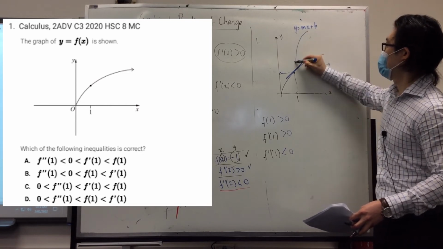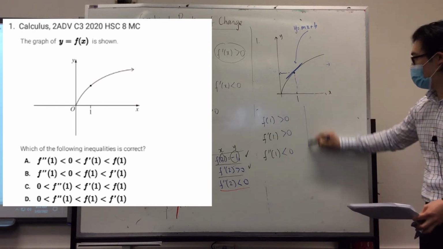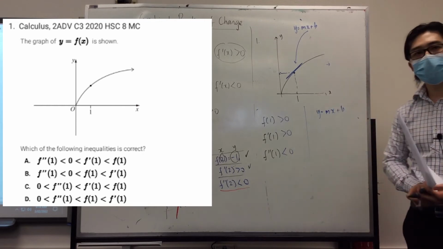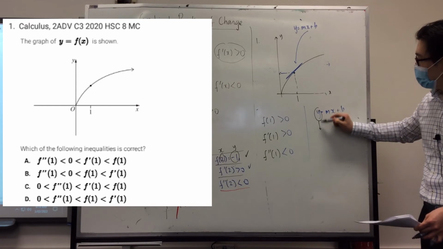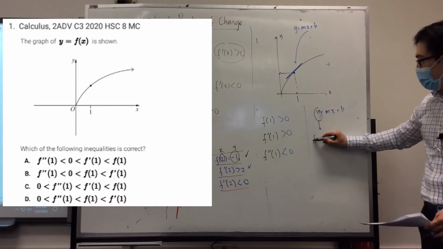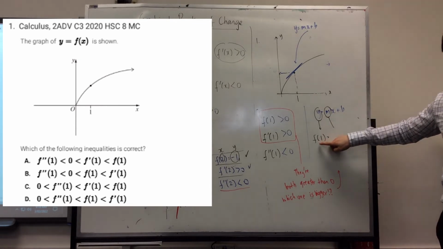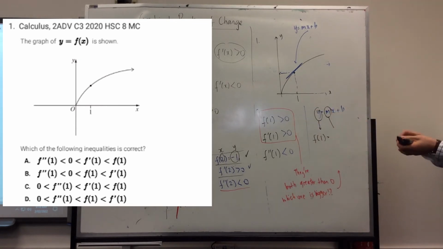going back to year 9 maths. So let me just rewrite here. Let's replace some of the symbols here that we know. Girls, the y value at 1, if the y value as we know is f of 1, which one of these symbols would be the gradient?